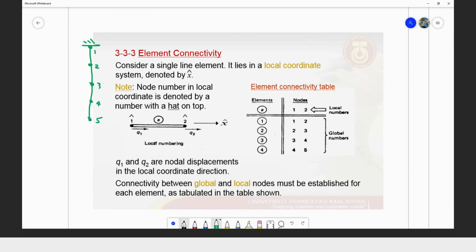And then in terms of the element numbering, this is element number 1, element number 2, element number 3 and element number 4. So what this means is, when we have this, we have to establish the element connectivity between these elements.